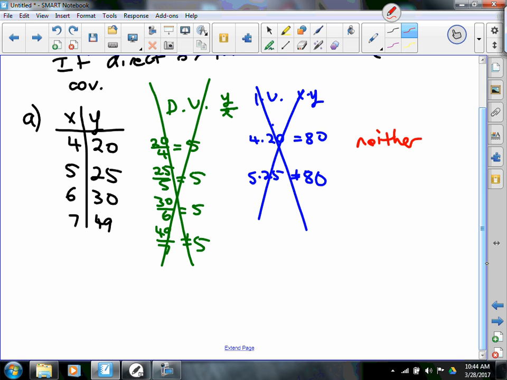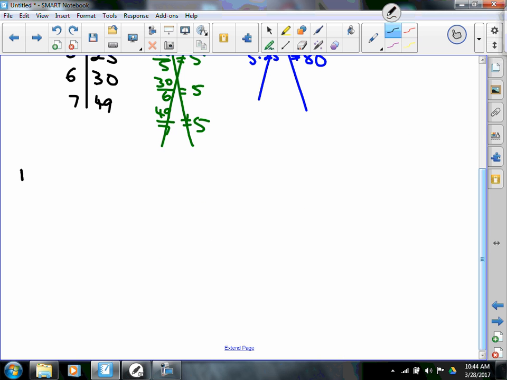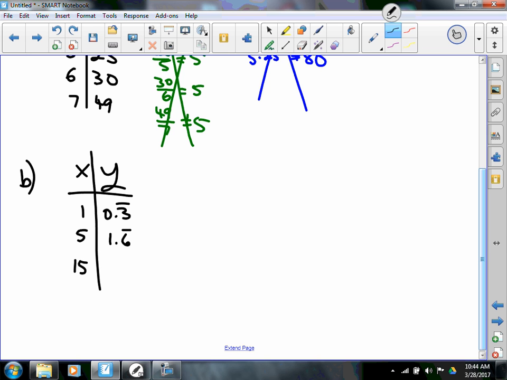How we doing? Okay. So what if we had something like number b, x, y, 1, 0.3 repeating, 5, 1.6 repeating, 15, 5.